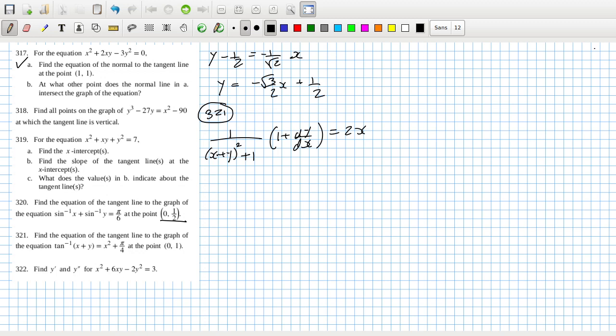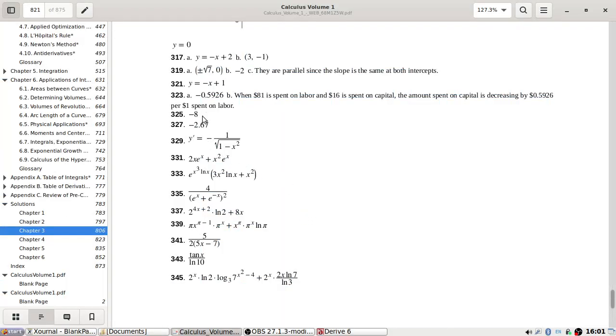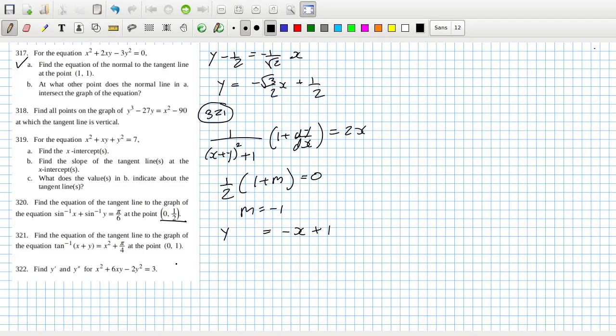So that's 1 over 1, so that's 1 over 2, 1 plus the slope equals 0. So that means the slope equals minus 1. So it's y minus 1 equals minus x, so y equals minus x plus 1. That's what I got. Yep, great.